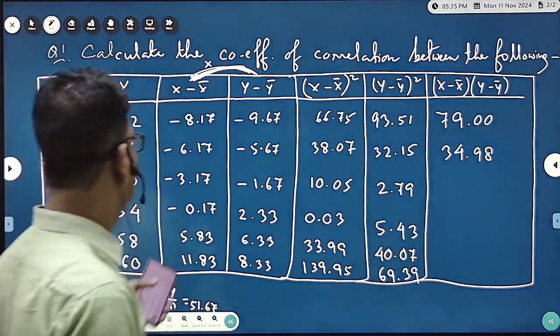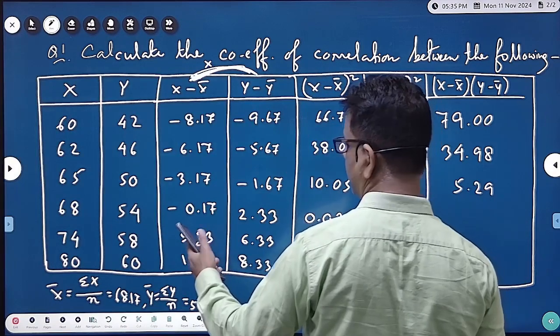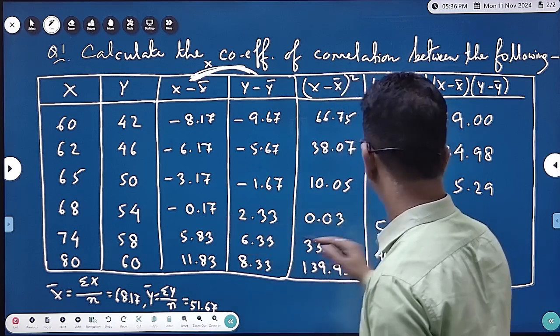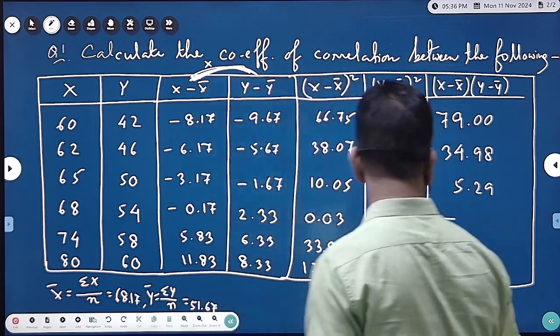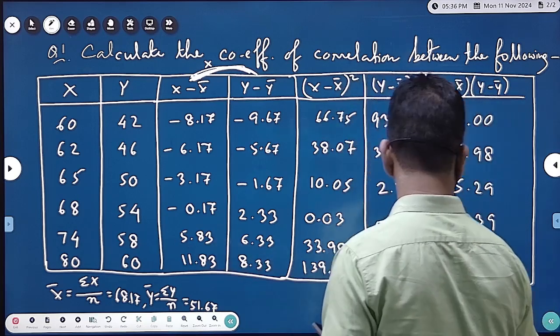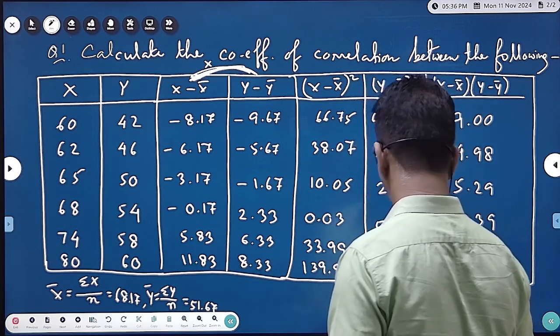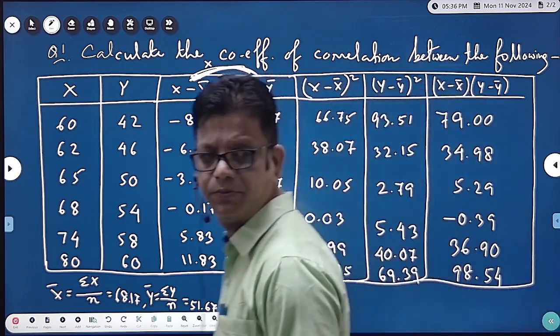So keep saying now. 5.29 after multiplying. Then it will come minus, because now it is minus plus minus. How much? 0.39. Then again 36 point, and finally 98.54. So these are the values, right?